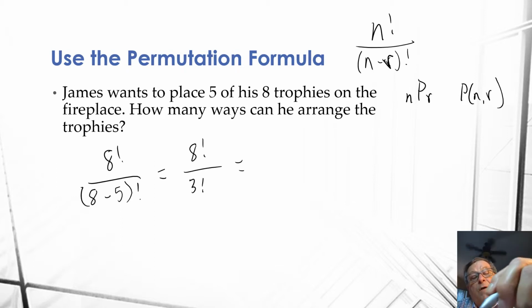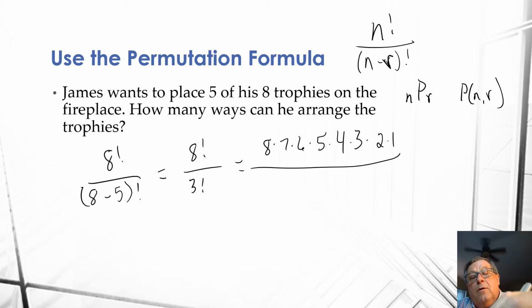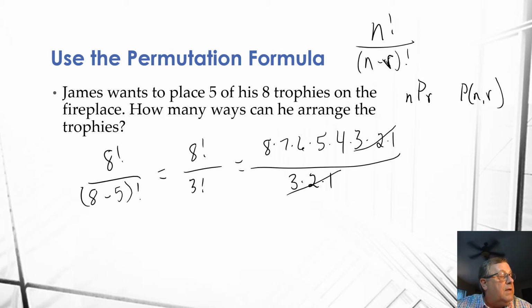If I were to simplify that, what's 8 factorial? 8 times 7 times 6 times 5 times 4 times 3 times 2 times 1 over 3 factorial, which is 3 times 2 times 1. You can see that these cancel, and I'm left with 8 times 7 times 6 times 5 times 4.